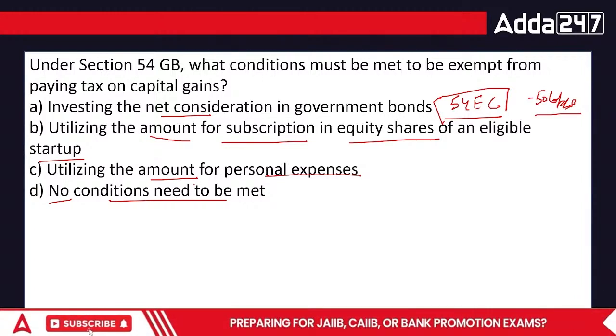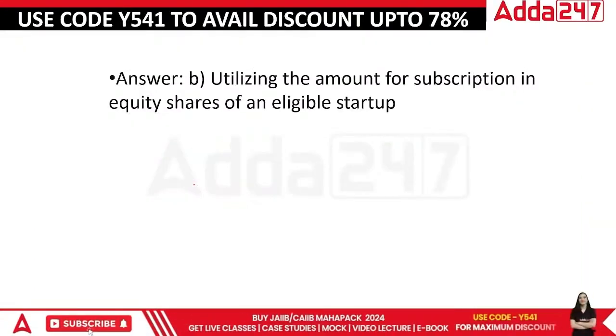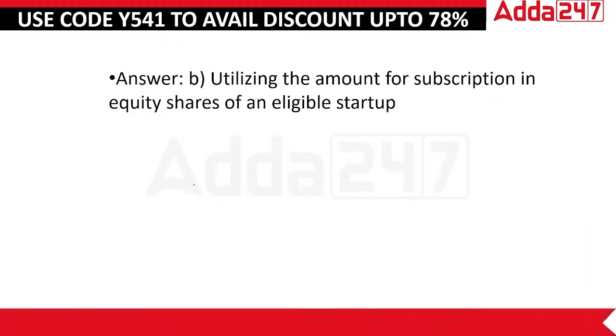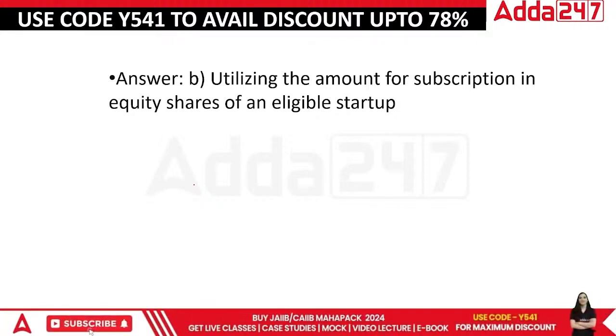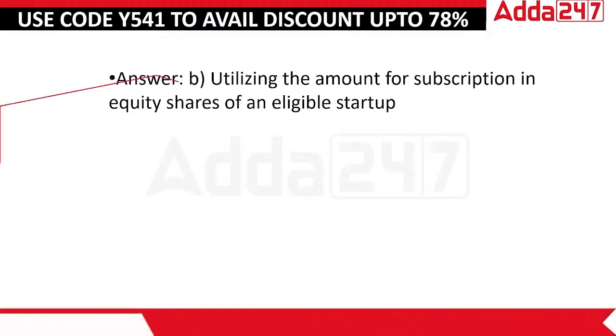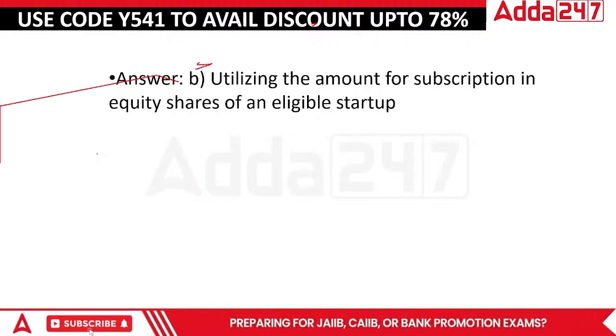The answer is utilizing the amount for subscription in equity shares of an eligible startup. Acha, I remember it. There's a particular way of learning it. It depends upon you how you want to learn it, but this is how I learned it.